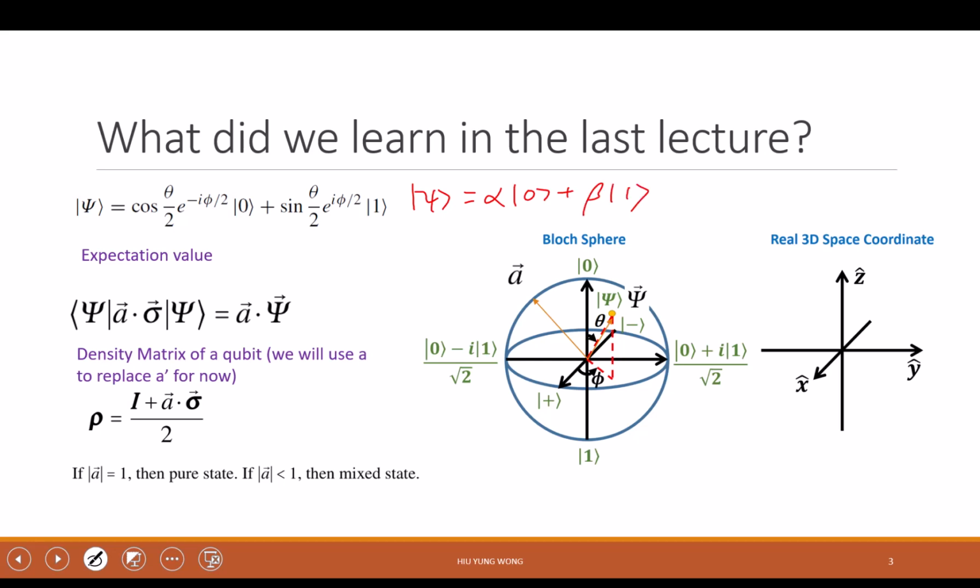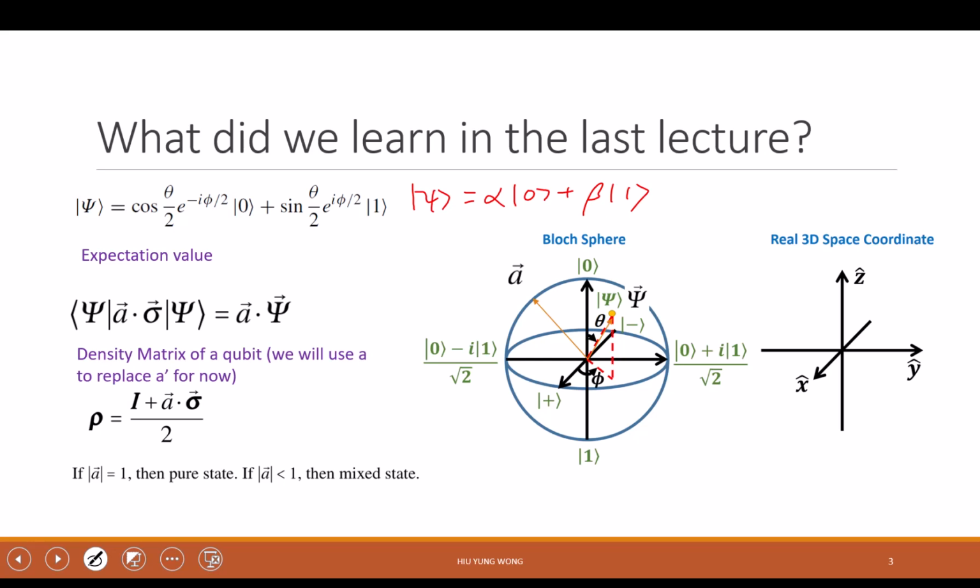But for two reasons, we simplify it into 2 degrees of freedom. One is that alpha squared plus beta squared needs to be 1, which is the normalization condition. The other is that we don't care about the global phase. So eventually we came up with this equation.